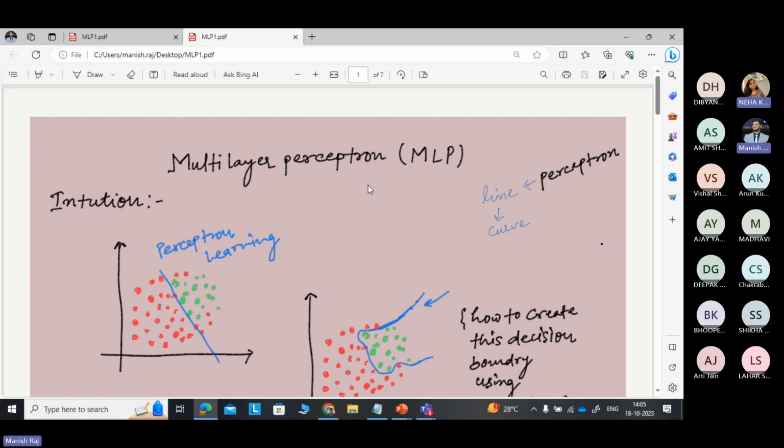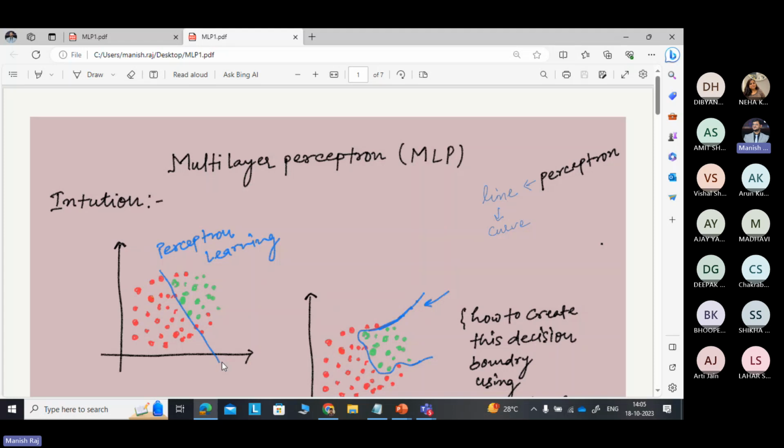Sir, what is the relation between logistic regression and the perceptron? The logistic regression looks like a perceptron. Now I'm coming to the intuition part. You have already seen that with this type of data, perceptron learning can divide the data by a linear line.